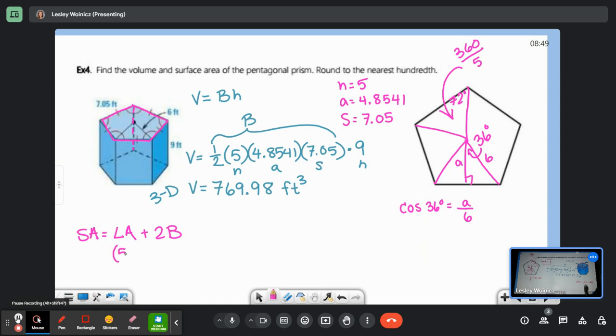So that is 5 times 7.05. That's our perimeter. And then we have to multiply it by the height of the rectangle, which is also the height of our prism, which is 9. That's our H. So that is our lateral area.